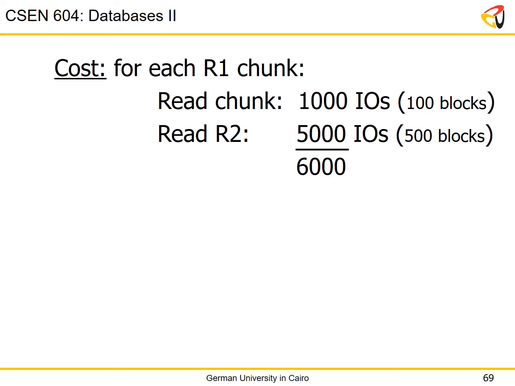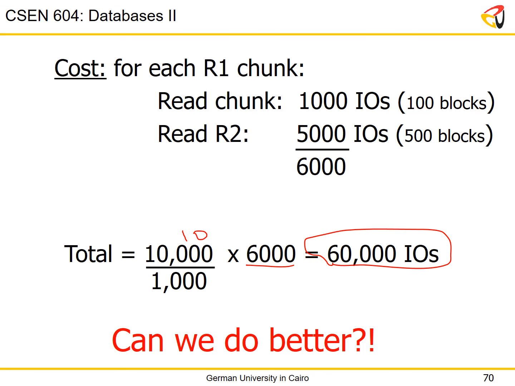But what is this enabling me to do? Is to match 1000 rows from R1 with all of R2. But R1 has 10,000 rows. Okay? So I will actually do that 10 times. The 6000 is for matching 1/10 of R1 with all of R2.